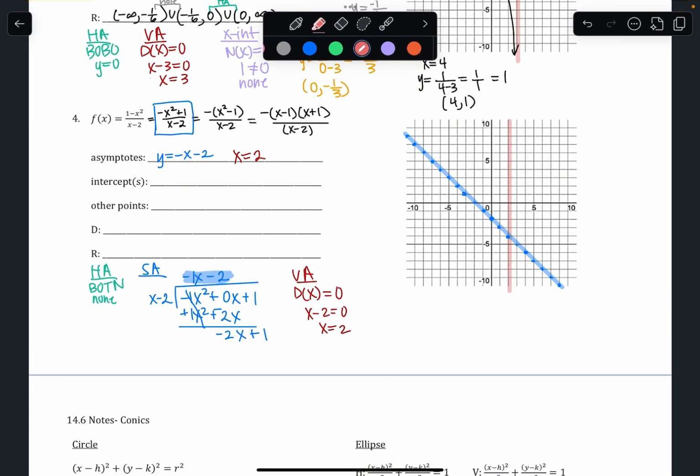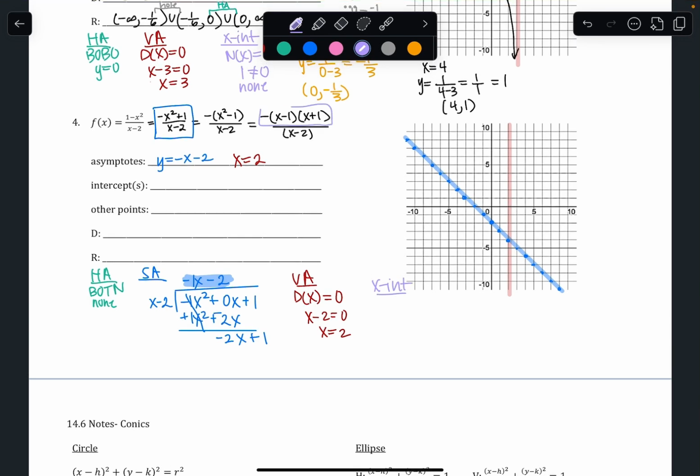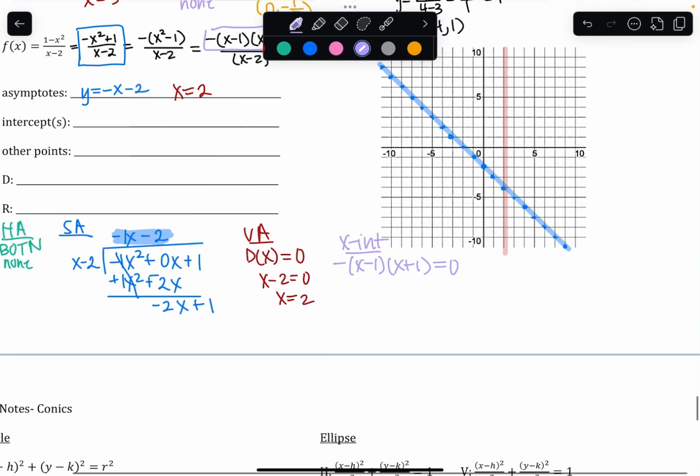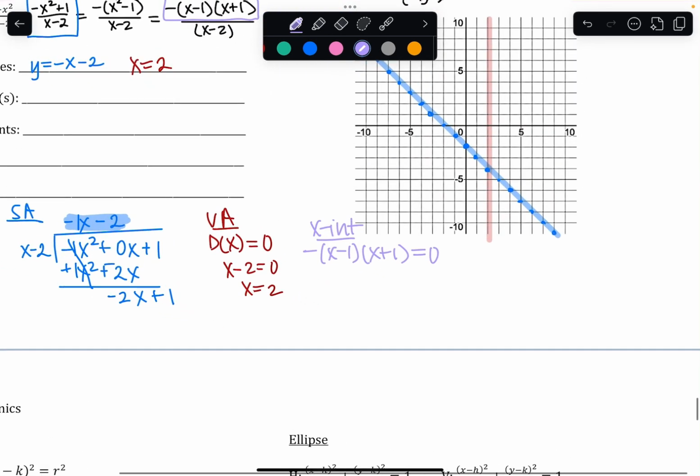For our x-intercept, we set the numerator equal to 0. And so our numerator, we have two factors, x minus 1 and x plus 1. That negative isn't going to affect our solutions. We still just look at our factors that have x involved.